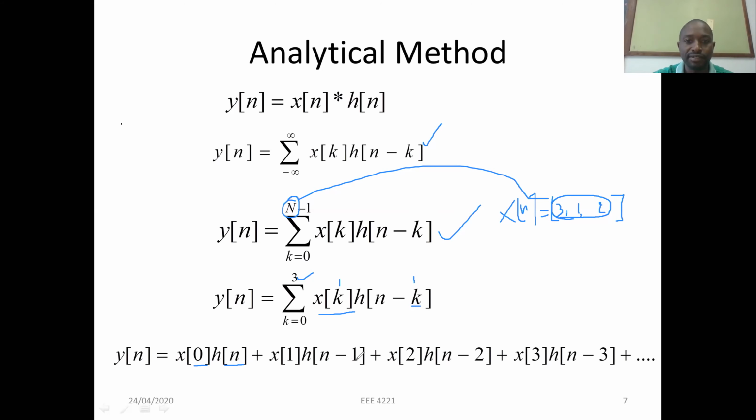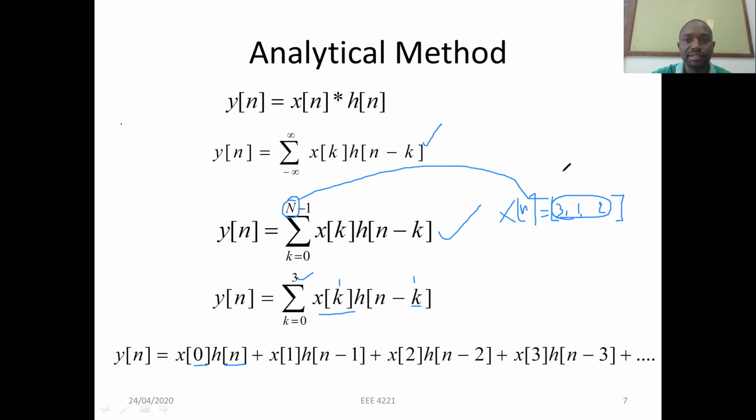Then in the next term, we put k equals 2, then that will be x of 2, h of n minus 2, plus when we put k equals 3, that will be x of 3, h of n minus 3, so the sequence goes on. Having written this, our final goal is basically to get y of n. What will be the final value for y of n?